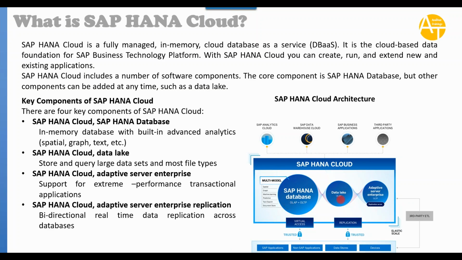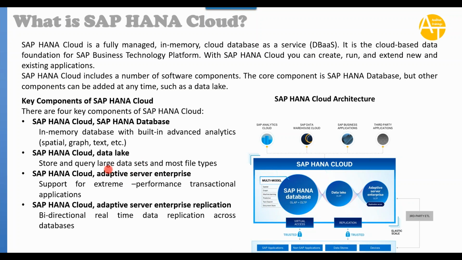Then we have data lake. Data lake is to store large data sets of different file types. And then we have SAP HANA Adaptive Server, which will automatically expand according to your data load increase, for performant transactional applications. So these are the main major components. The most important one is the database itself. You can run a database in the cloud.